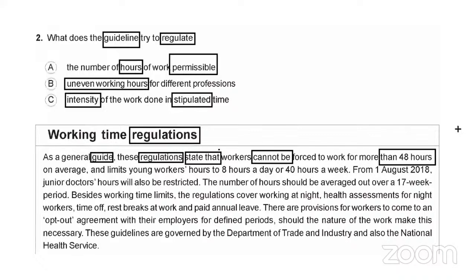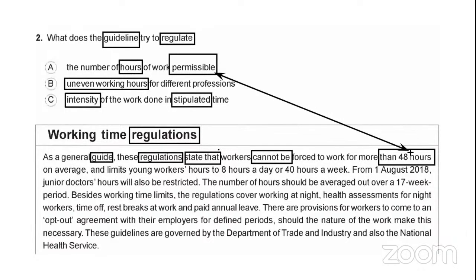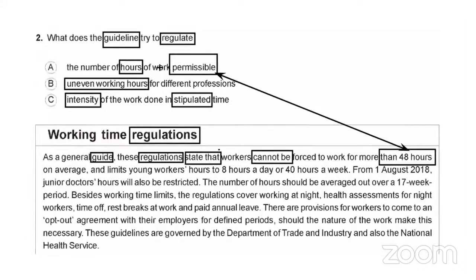So permissible number of hours, 48 hours, that's it. So permissible time is 48 hours, not more than that. That is what it is telling there. You cannot force them to do 49 hours or 50 hours. So this is very clear now. Permissible hours is 48.